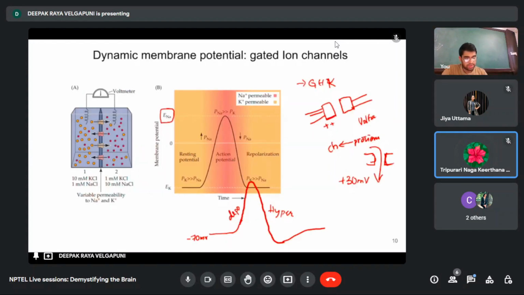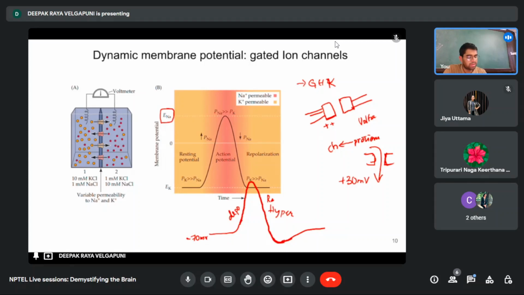Sir, it gets hyperpolarized because the K plus channels close when it's somewhat more than -77, right? I mean, -70. If it goes below -70, yes. This is depolarization, and when it goes below, it actually takes some time for the K plus ion channels to close, so this causes more dip in the potential.